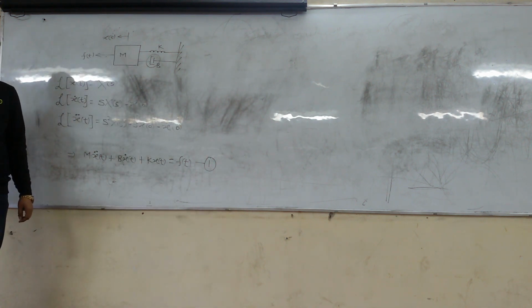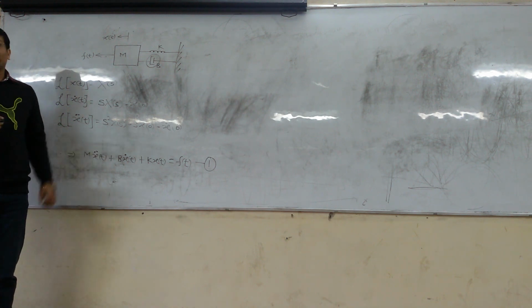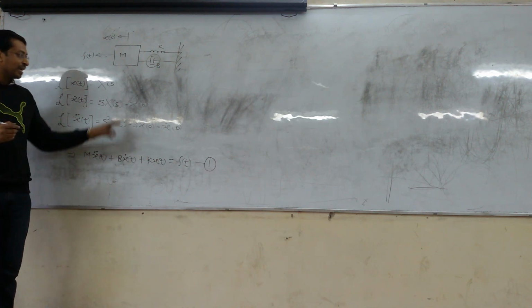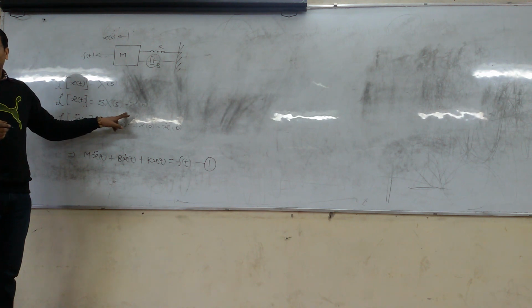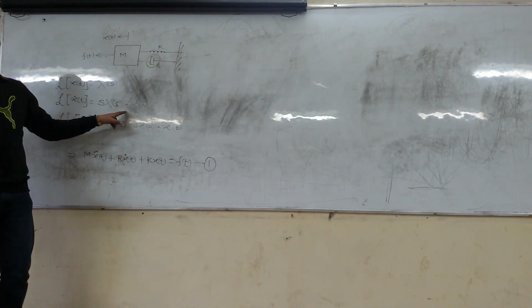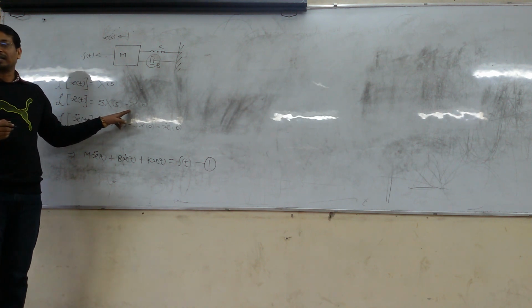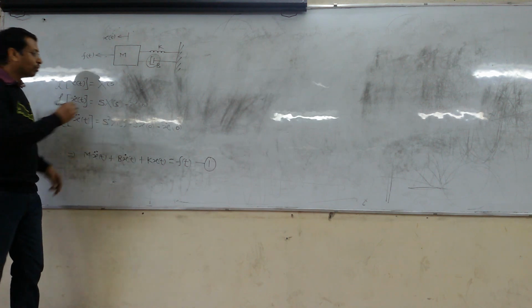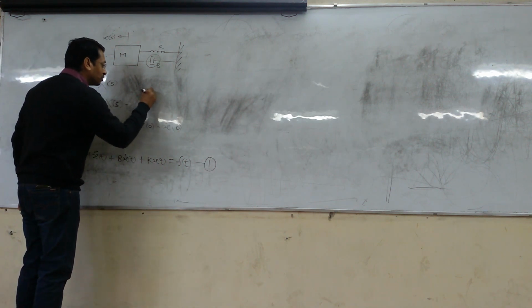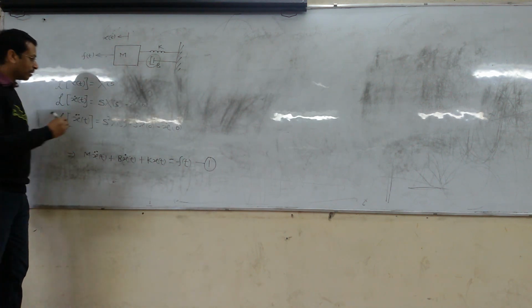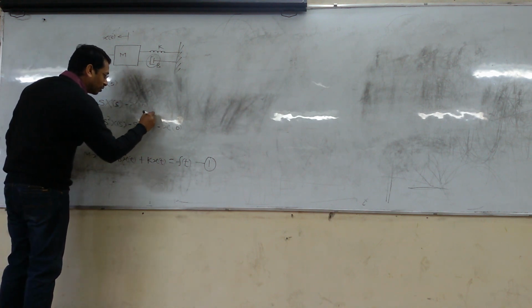Correct or wrong? Yes. But we have already relaxed our system. We have said that transfer function is defined only for the relaxed system. What it means is that the initial elongation or compression of the spring is 0, that is, the initial position x 0 will be equal to 0. So here also x 0 is 0.